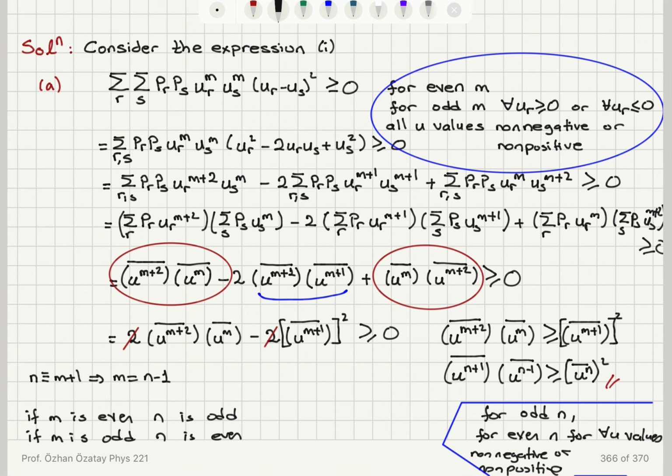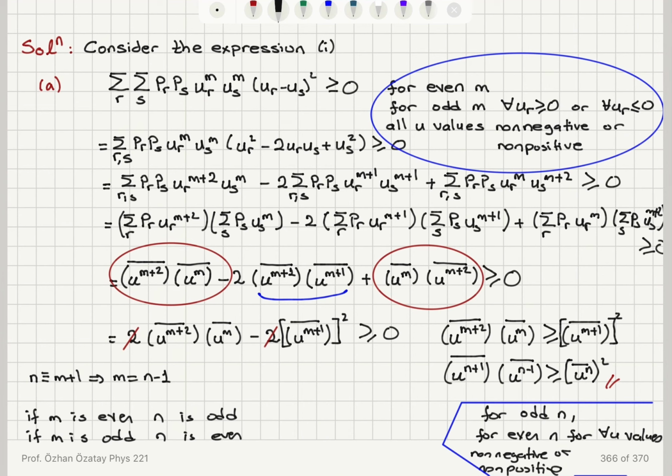I recognized that this is just a distribution of addition over multiplication, so it has several terms. In each term I have the average value of some function of U: in the first one, U to the m plus 2 average value, in the second one U to the m average value, and so on.